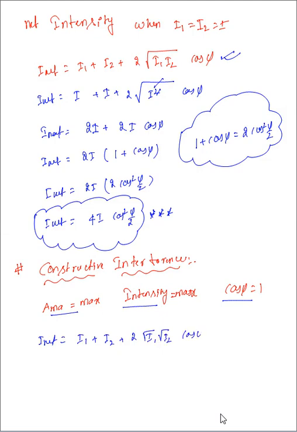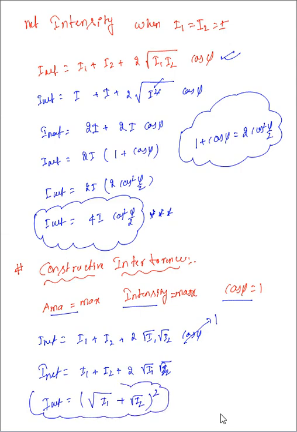Cos phi is maximum, that is 1. Therefore I net equal to I1 plus I2 plus 2 under root I1 I2. So we can write I net equal to under root of I1 plus under root of I2, whole square.